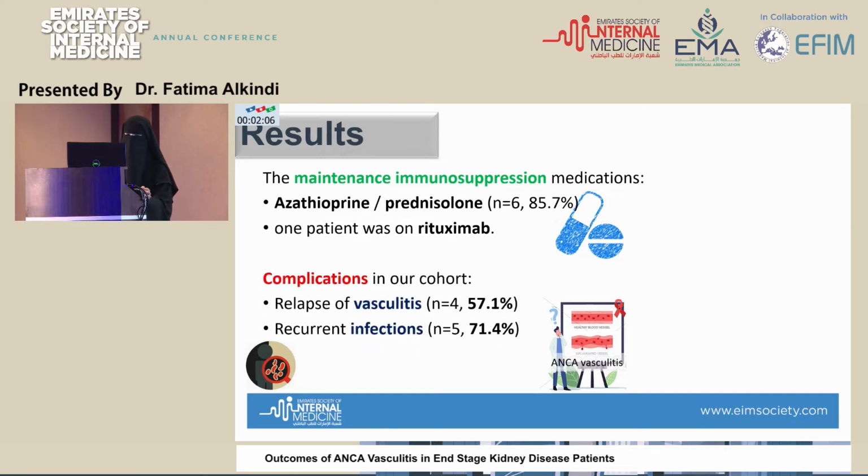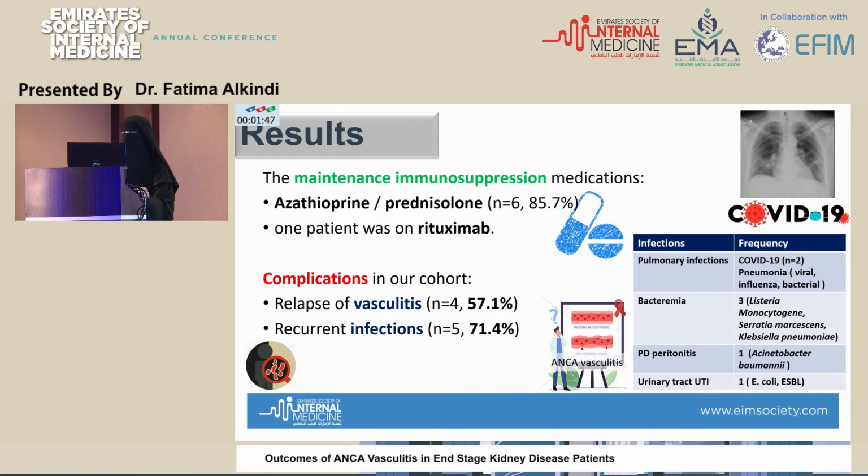How about the complications? Relapse of vasculitis, even though it is rare after starting dialysis, in our cohort we found it to be high, around 57.1%. Along with that, recurrent infection was also high, at 71.4%.